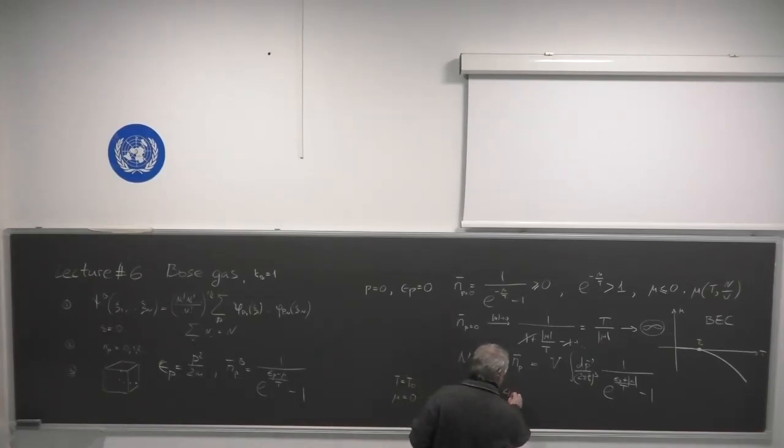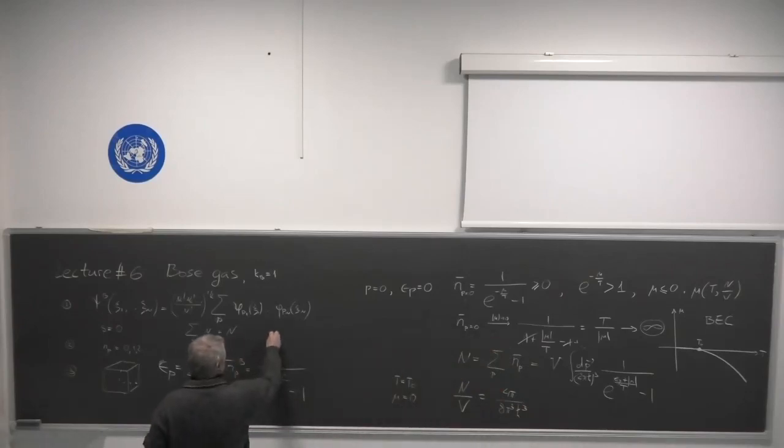I will integrate over solid angle. It will give me 4 pi. Here I have 8 pi cubed h bar cubed. And then, since the energy is this, d energy is equal to p over m dp.